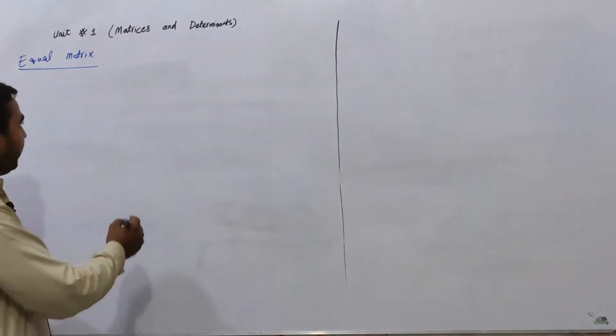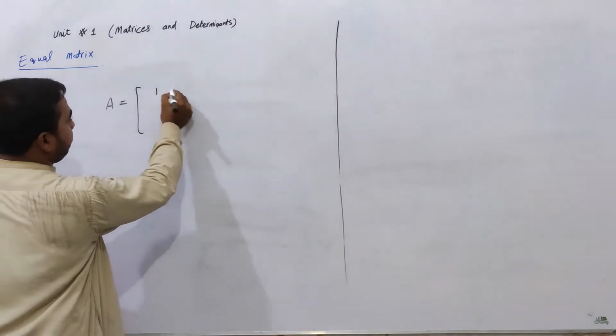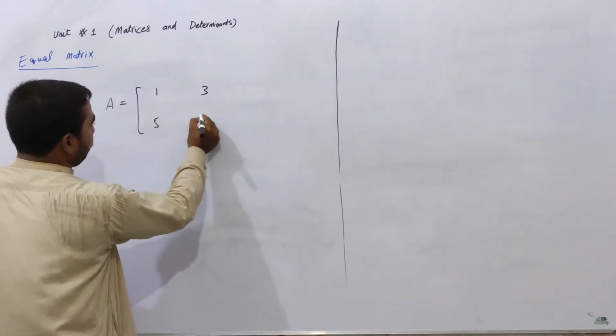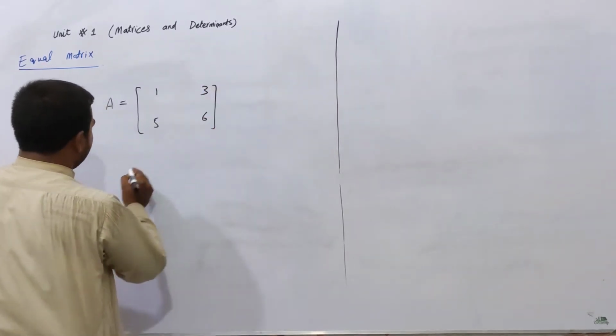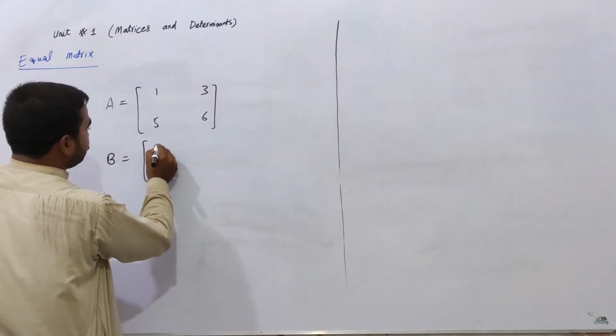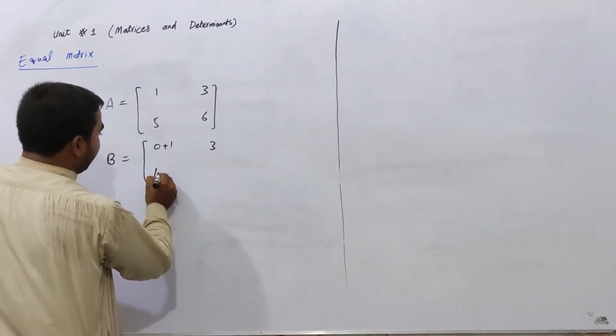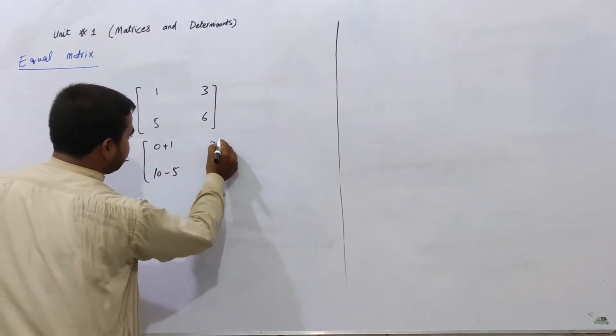First of all, we have a matrix A having entries 1, 3, 5 and 6. The other matrix is B, with entries 0 plus 1, 3, 10 minus 5 and 6.